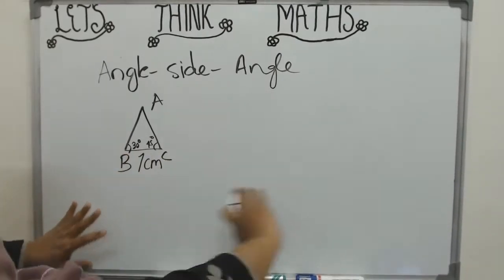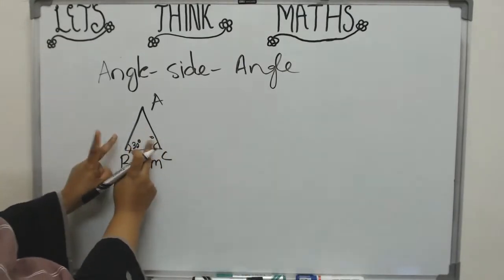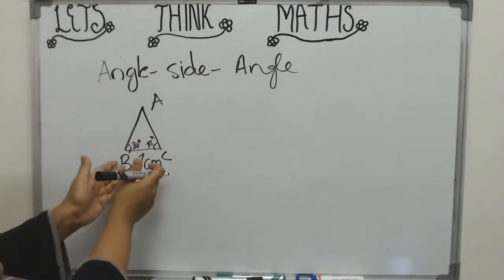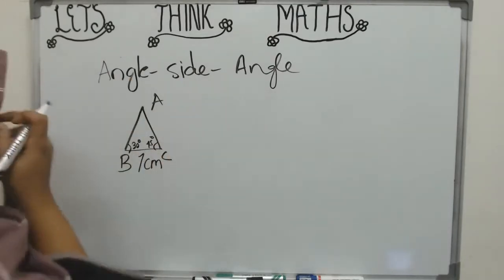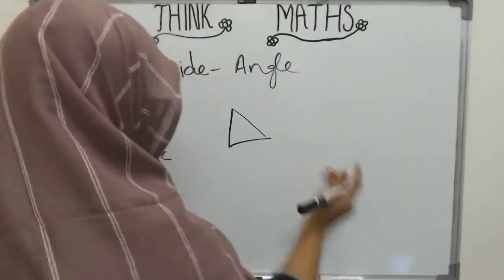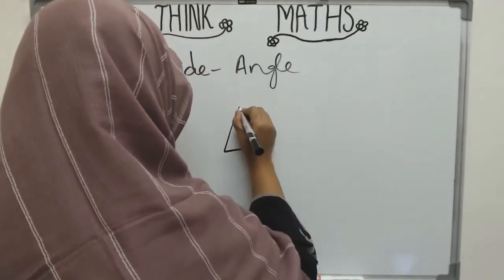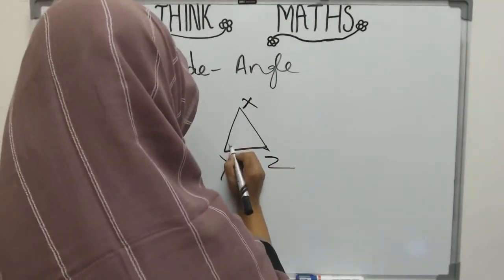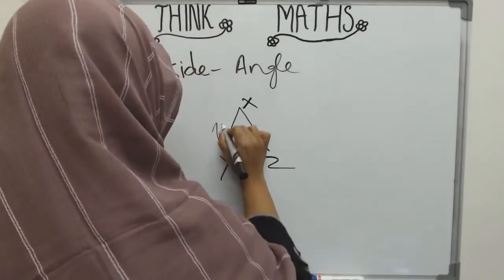So any triangle which has the same arrangement, which has two angles which are 30 and 45, and the side between them is 7, however that angle is, it will be congruent to this. So for example, you have a triangle like this. This is 30, this is 45, and this is 7 centimeter.